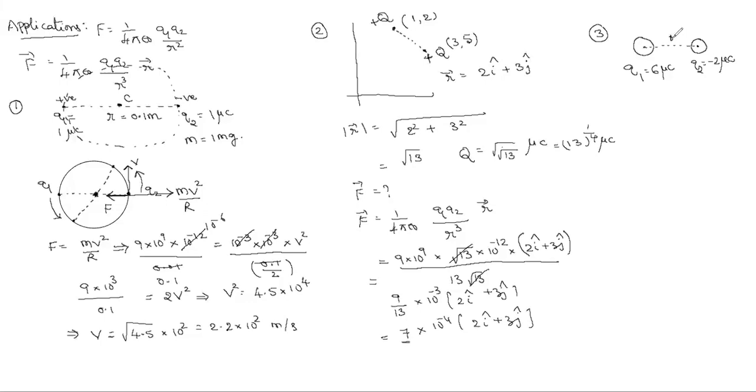R is not given. When these 2 point charges are separated by a certain distance R, let the force between the two charges be some F. We have to find out in terms of F.